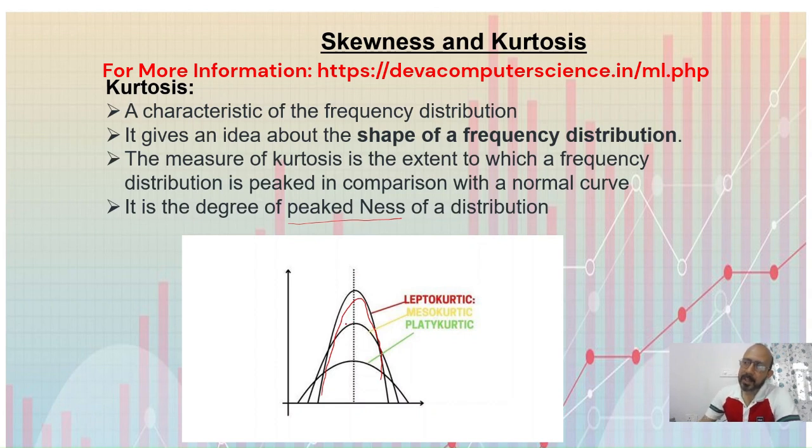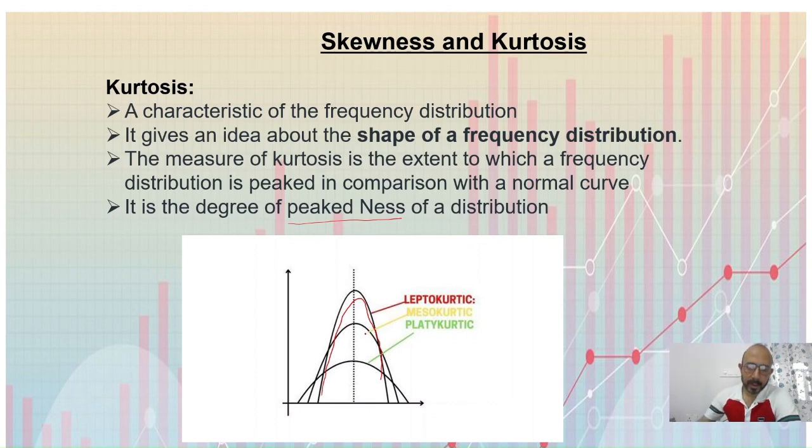Mesokurtic. Mesokurtic is a curve having a normal peak, like the normal curve. So this one is your mesokurtic. There is equal distribution of items around the central value.